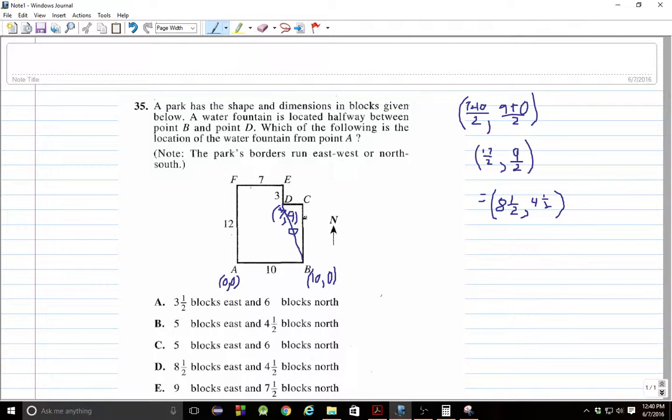We got the y coordinate 9, and we got 7 as the x coordinate because D is 7 east of A. Then using the coordinates 7, 9 and 10, 0, we found the midpoint, which is located halfway between point B and D. And after finding that midpoint, 8.5, 4.5, we're essentially done because our other point is 0, 0, and the distance of 8.5, 4.5 from 0, 0 is 8.5 blocks east and 4.5 blocks north.